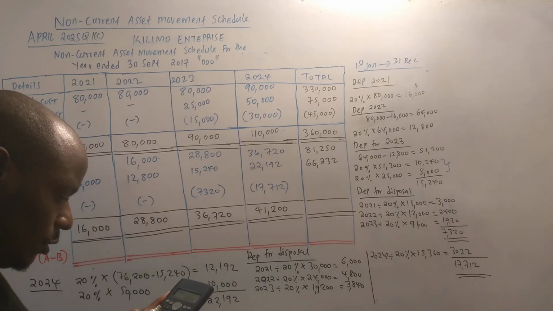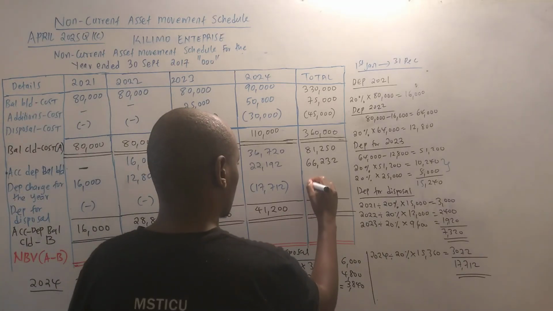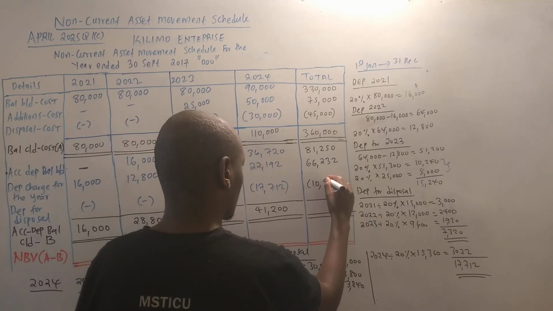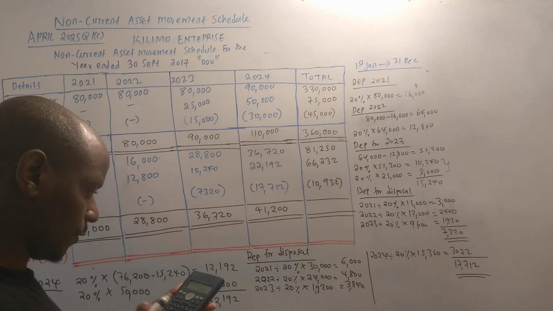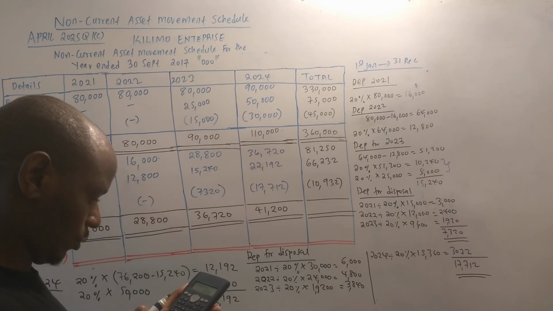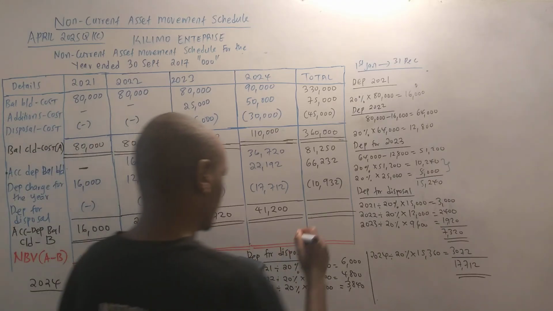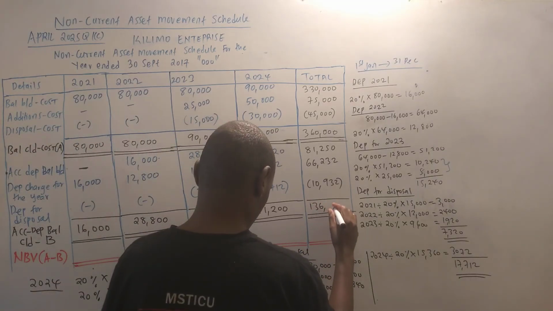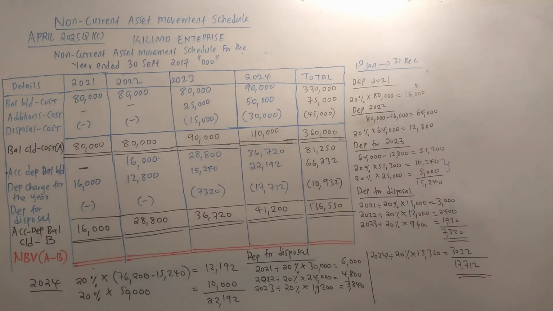Then 7,320, 17,712. That is minus 10,932. Then we say 81,250, 66,232, then minus 10,932. That is 136,550.